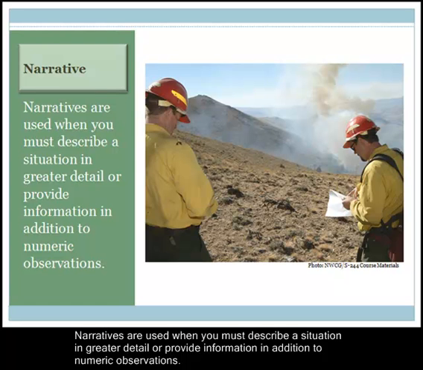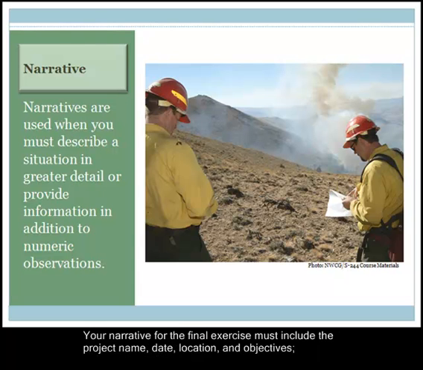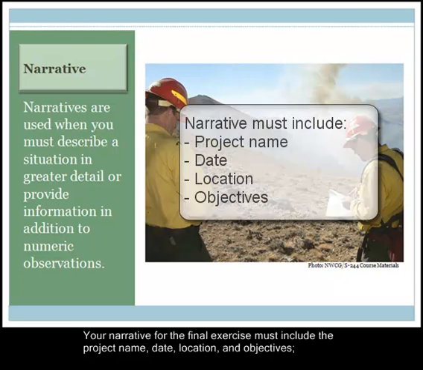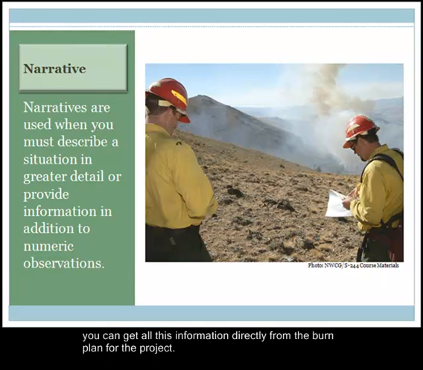Narratives are used when you must describe a situation in greater detail or provide information in addition to numeric observations. Your narrative for the final exercise must include the project name, date, location, and objectives. You can get all this information directly from the burn plan for the project.